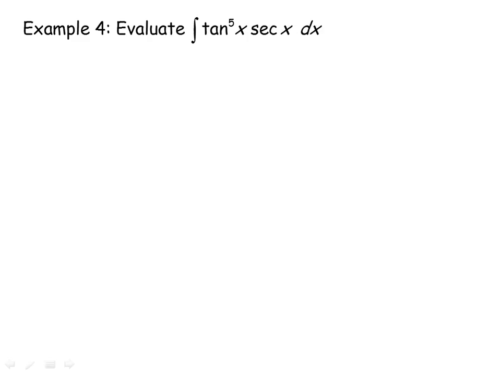All right, so case 1, what do the instructions tell me to do? First thing I'm going to do is save a tangent x secant x. We're doing algebra here, so if I multiply tangent x secant x times what to give me tangent 5x secant x?